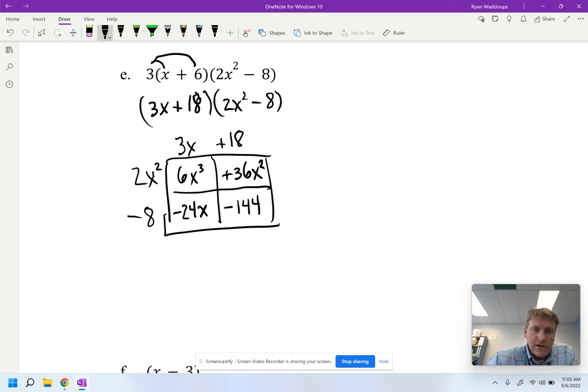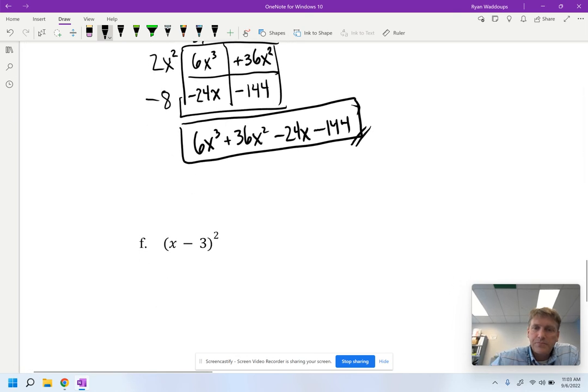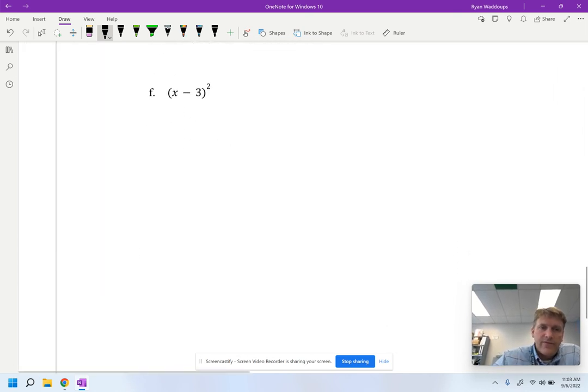And so when I bring these all out, I get 6x cubed plus 36x squared minus 24x minus 144. And I cannot combine any of those terms because none of them are like terms, so that's my final answer.